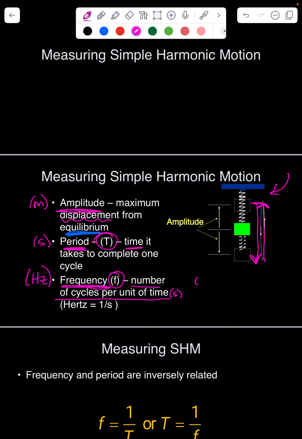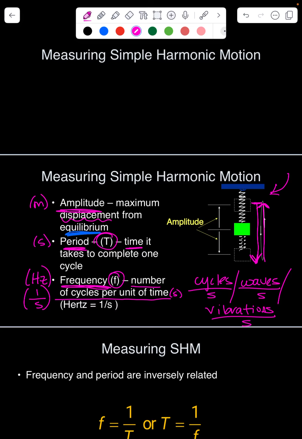So we like to think about it as cycles per second, waves per second, vibrations per second, or oscillations per second. We can break a hertz down into 1/second, where the 1 represents cycles, waves, or vibrations. How many cycles happen per second? How many waves happen per second? And so on.